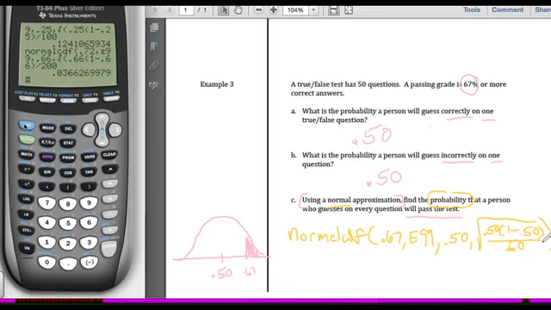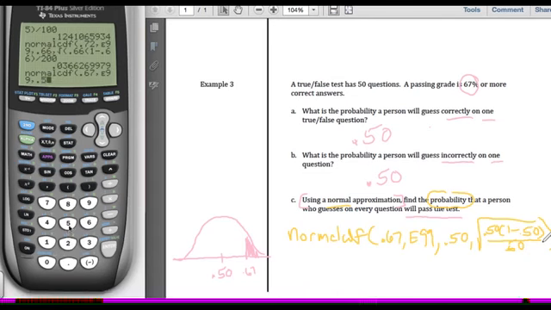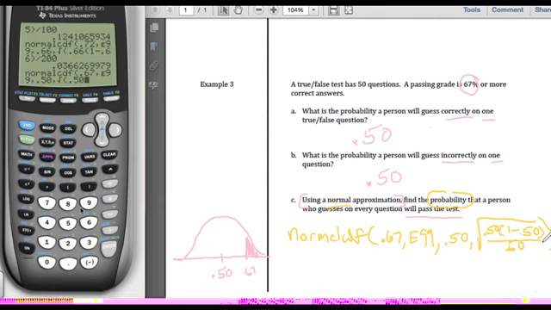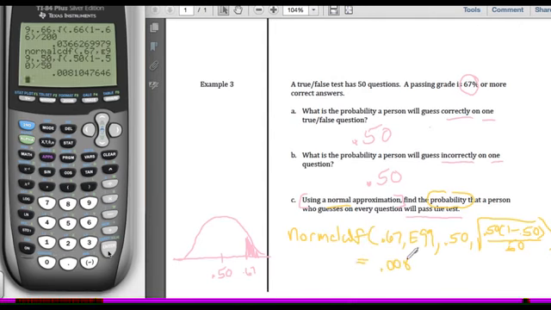So to enter that in, and we get 0.0081. So you have less than a 1% chance of getting a passing grade if you just go through and guess on all 50 questions.